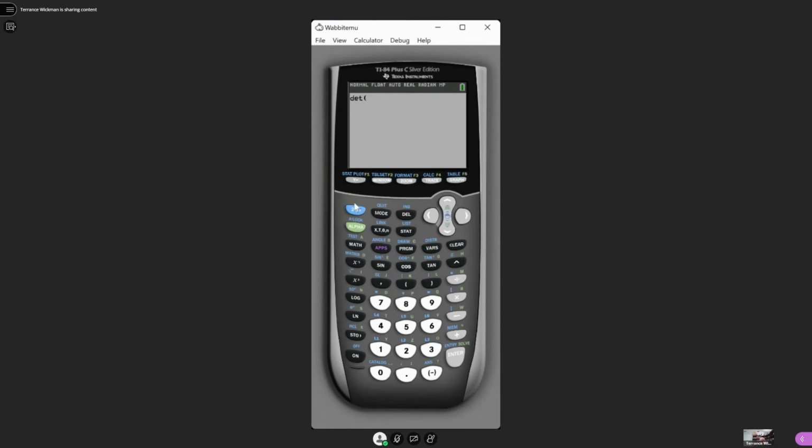So we're going to go into our matrix system, A, hit enter, and close our parenthesis, hit enter, and we get a number. Now, I'm not going to explain this because it's next lesson, but for those that wanted to find where determinant was, it's under math, but it's under matrix systems. There's matrix systems. We go over to math, and boom, there it is.